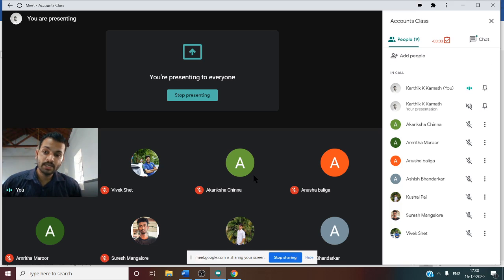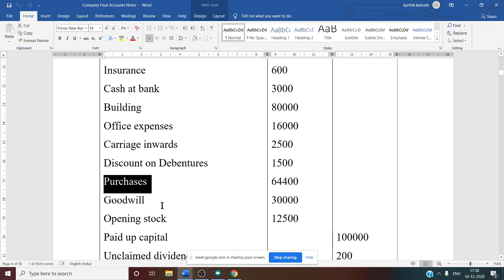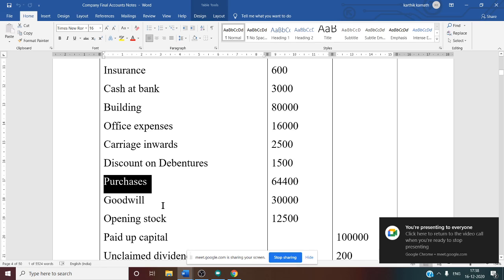Working note 24 is cost of material consumed, immediately after total revenue, the first working note. And 25 is purchase of stock in trade. So under purchase of stock in trade, you have to consider this purchase information.